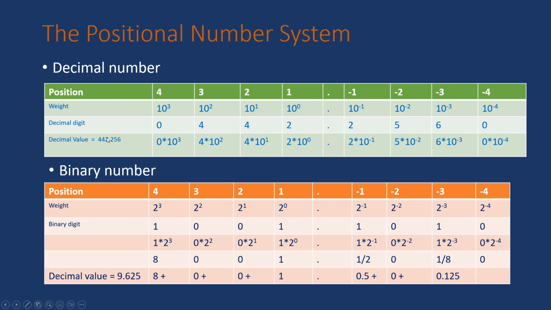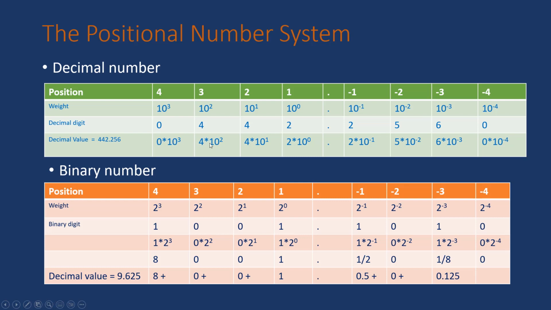the first position before the decimal point is 2 multiplied by tens power 0, and then the 4 is going to be multiplied by tens power 1. The third position 4 is going to be 4 multiplied by tens power 2, and since here has no numbers, 0 multiplied by anything is going to be 0.